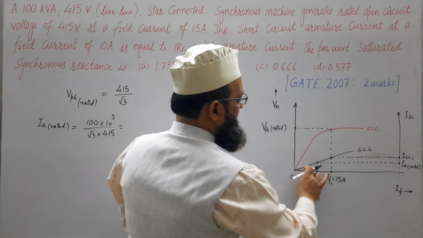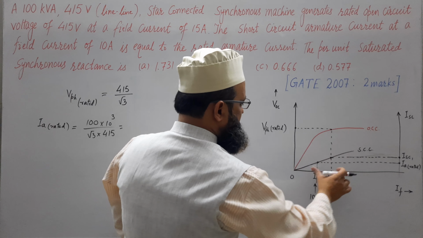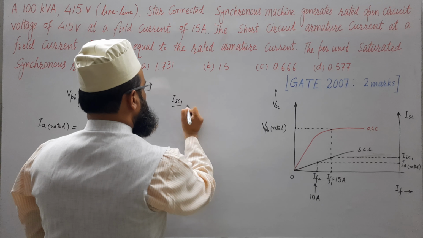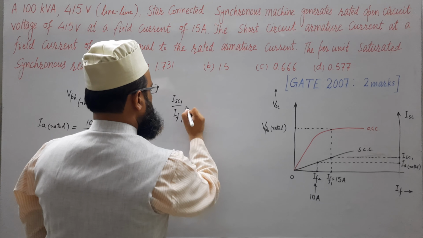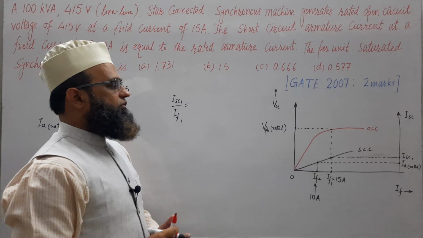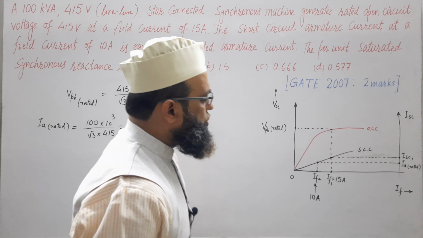So take the two ratios. Let us take tan theta, that will give you ISC1 upon IF1. ISC1 is not known. We are going to evaluate it with the help of the other three known currents.